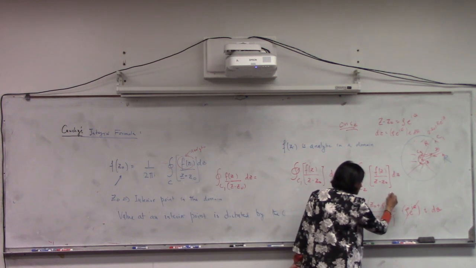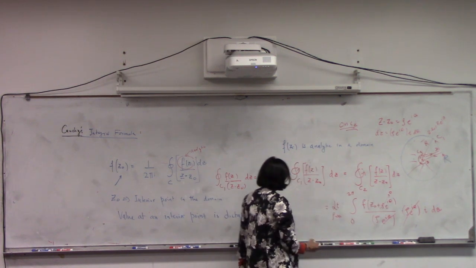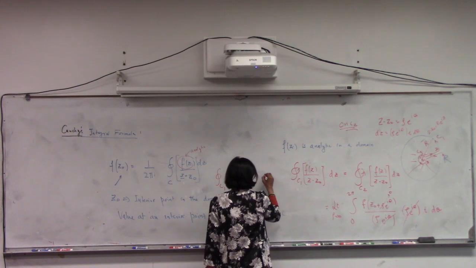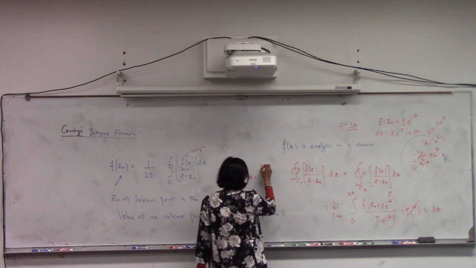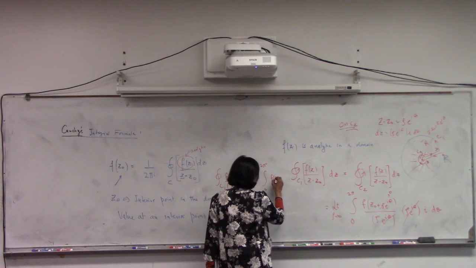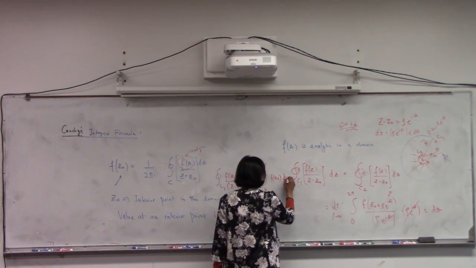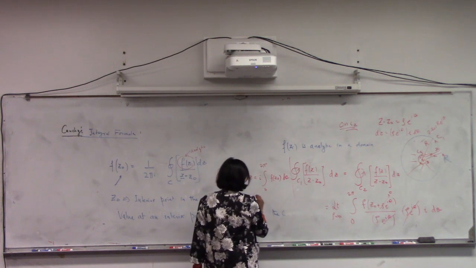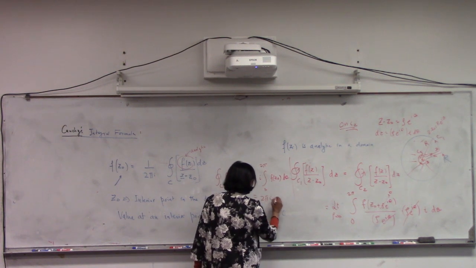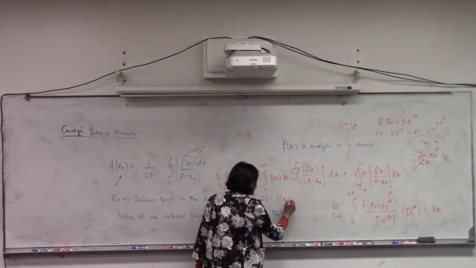Rho tending to 0, this is 0. So this is nothing but the integral from 0 to 2 pi of f of z naught times i d theta. It becomes a very simple integral, right? Which is nothing but 2 pi i times the value of the function at z naught.